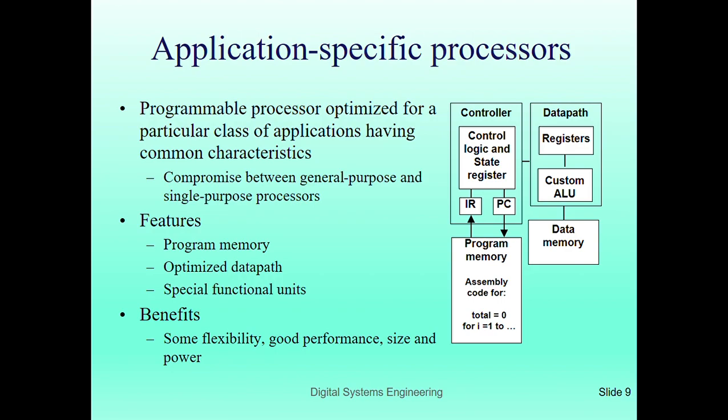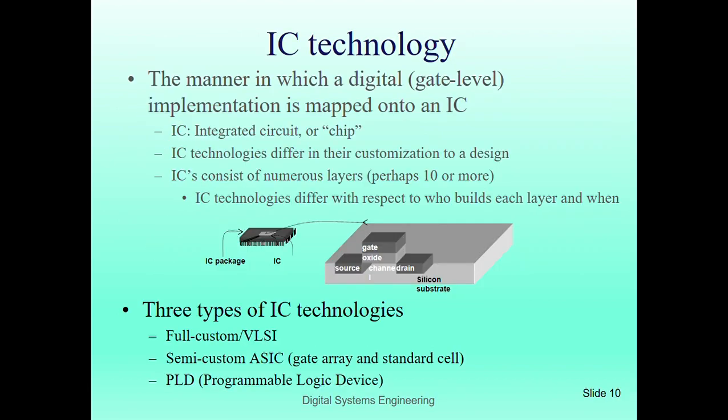The benefits include flexibility, good performance, size, and power dissipation benefits. Here is the block level diagram of this application microprocessor. Here you will find the custom ALU, or custom arithmetic logic unit. These microprocessors we already described in our previous lecture in detail. If you want to know the details, you can see the previous lectures.